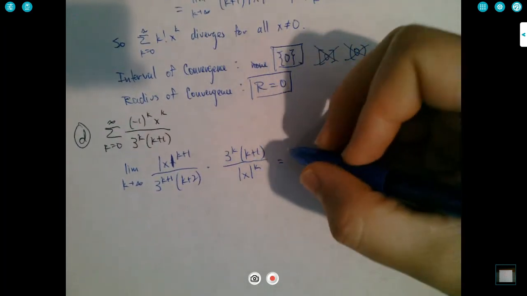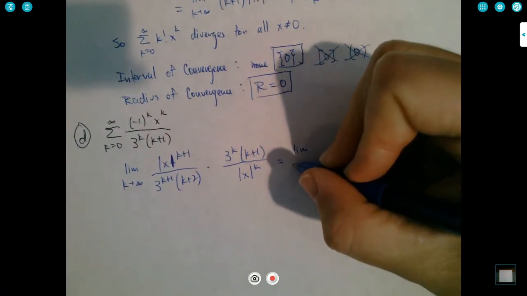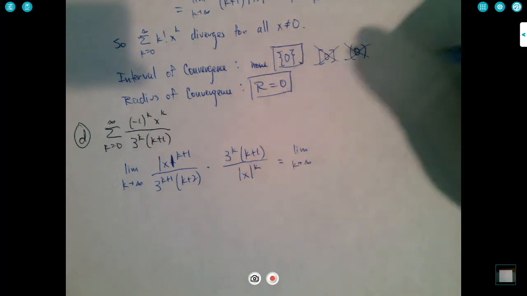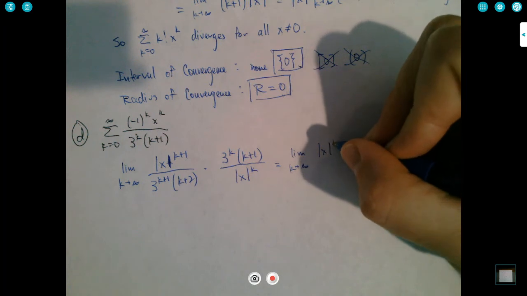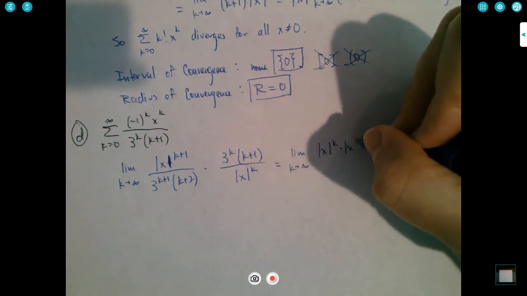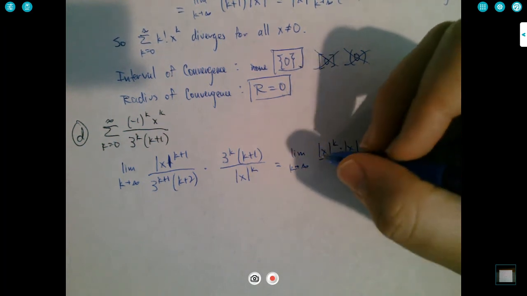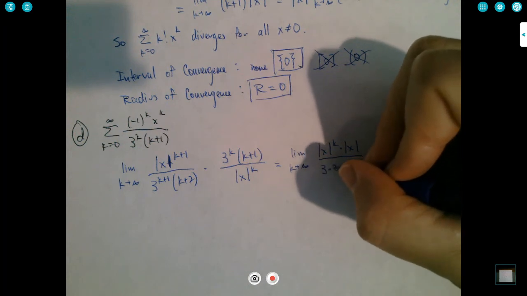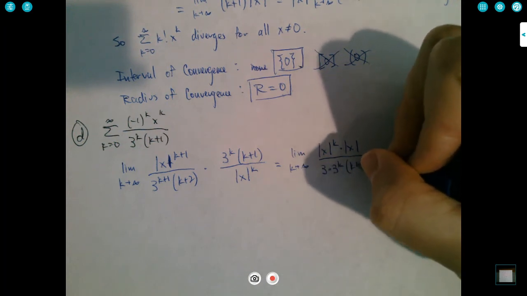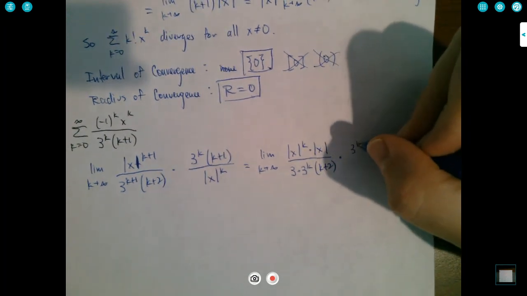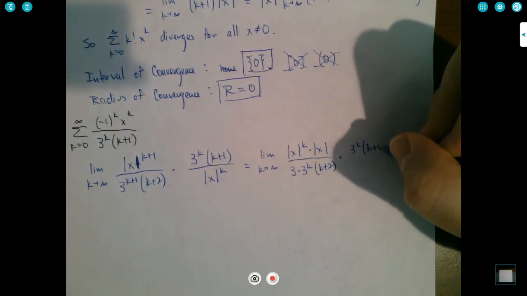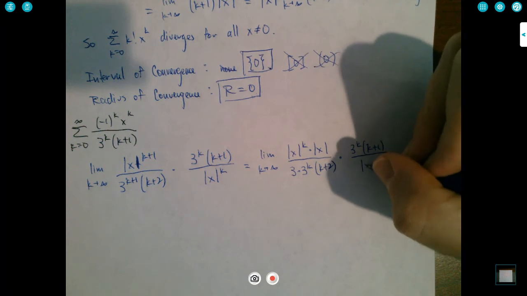All right. So I'm going to have the absolute value of x to the k times the absolute value of x over 3 times 3 to the k times k plus 2, times 3 to the k times k plus 1 over the absolute value of x to the k.